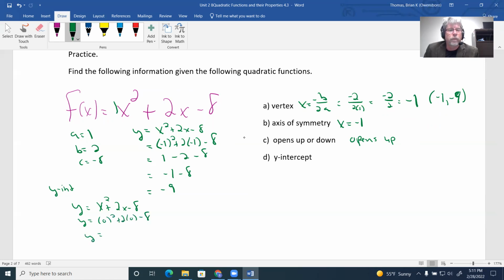So y equals negative 8. Remember, if it's in this form, the y-intercept is usually just going to be the constant because everything else is going to turn into 0. So the y-intercept is negative 8, where it crosses the y-axis.